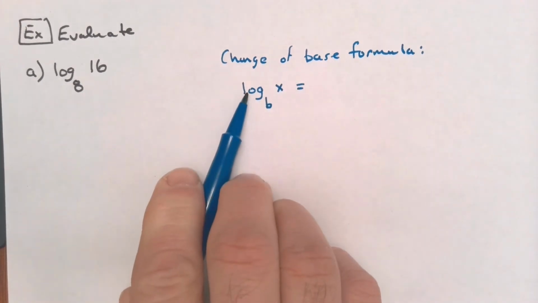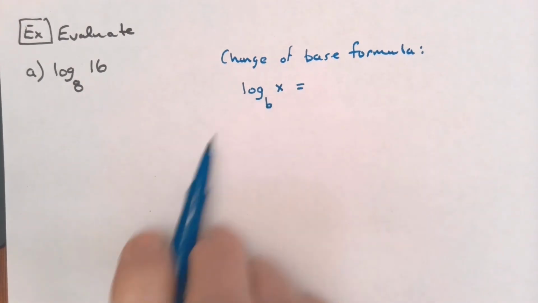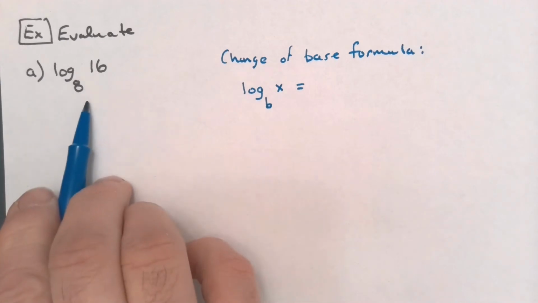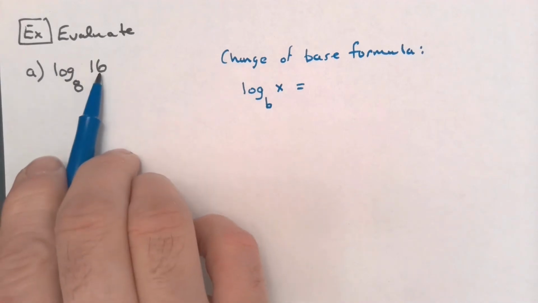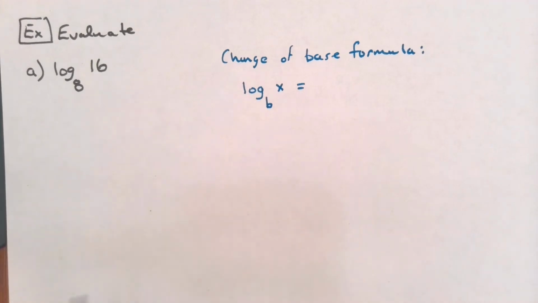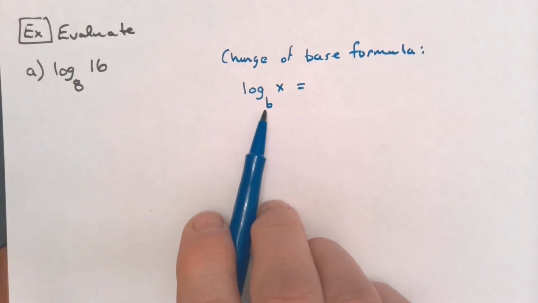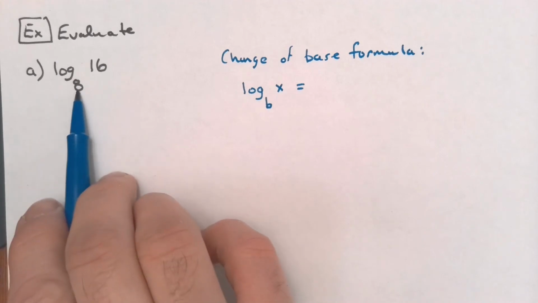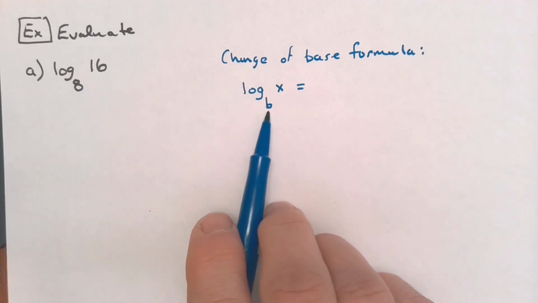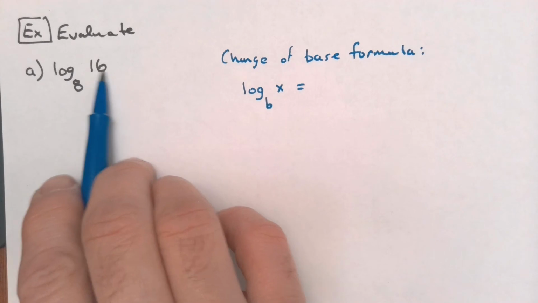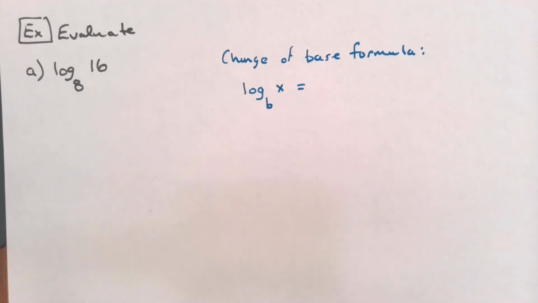If you have log base b of x, so that's basically what we have here. We have log base 8 of 16. So in this problem, the base of the log is 8. That's like the b here. And we are doing log base 8 of 16. That's like the x here.